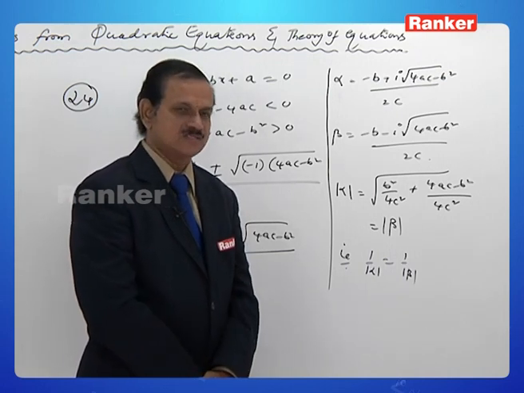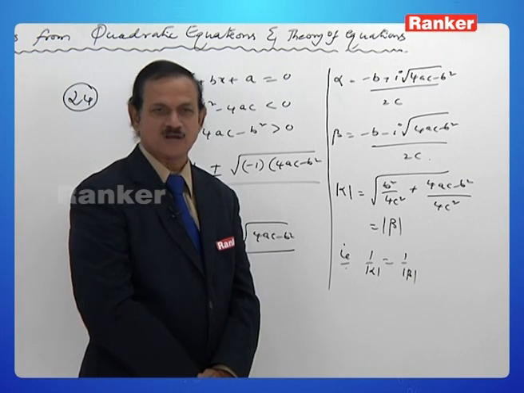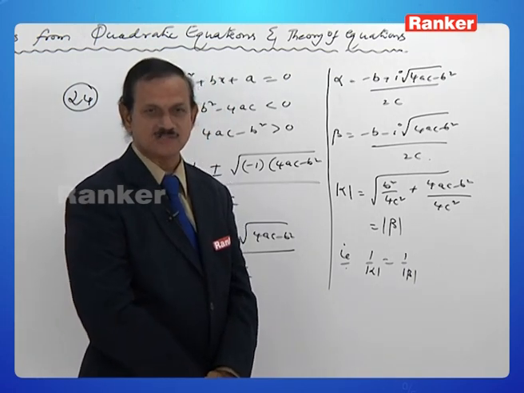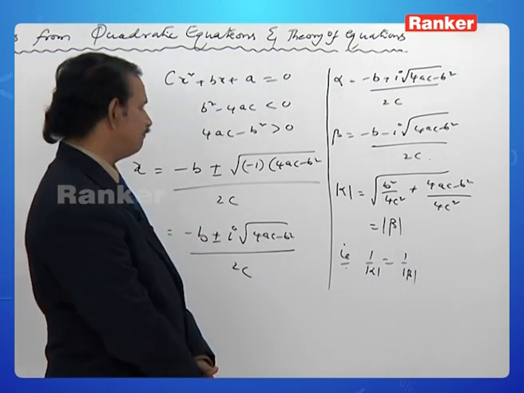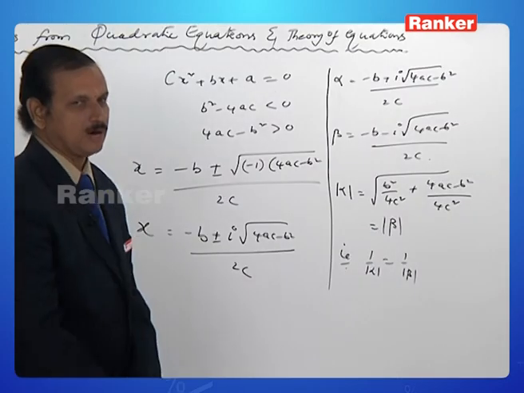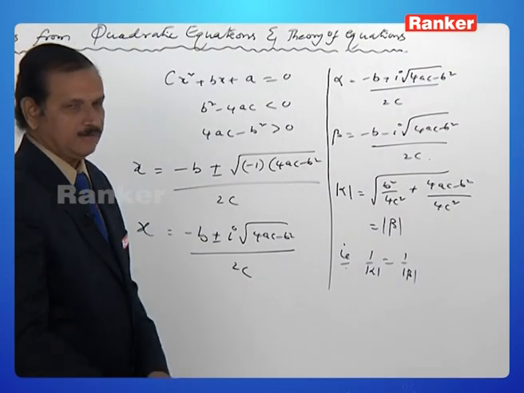Well, let us check one more thing. Three more options are also there. Let us examine the validity of those options also. So far, we have noted that mod alpha is equal to mod beta, and of course 1/|alpha| = 1/|beta|.